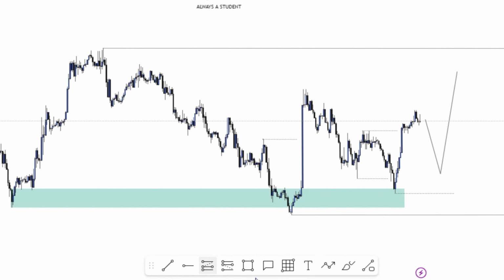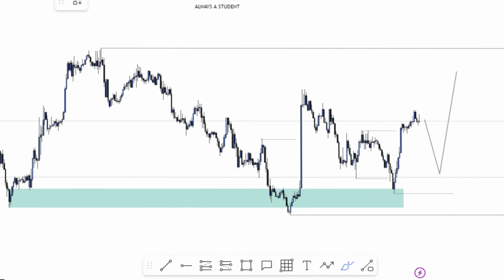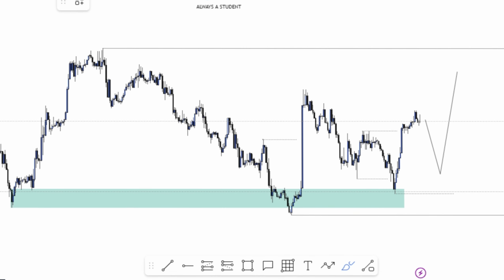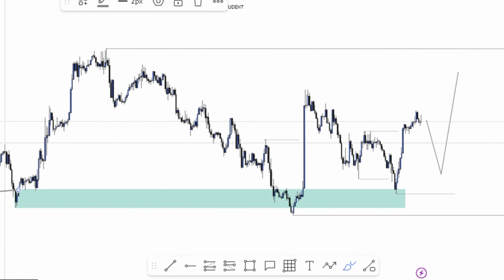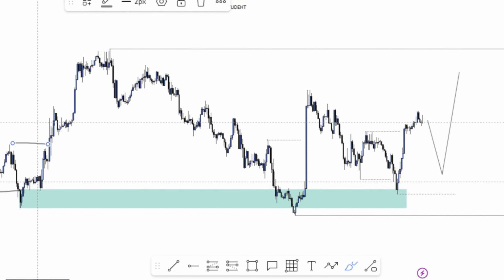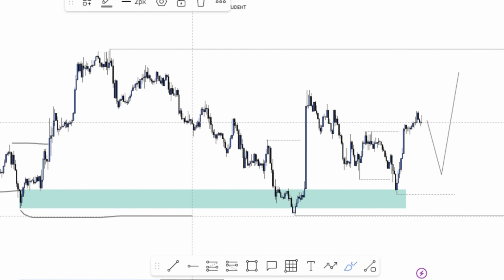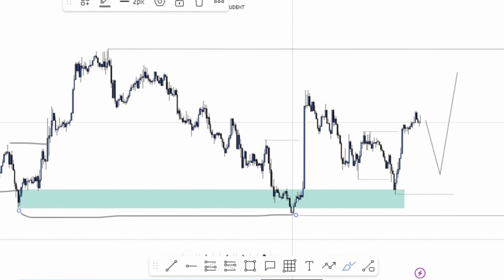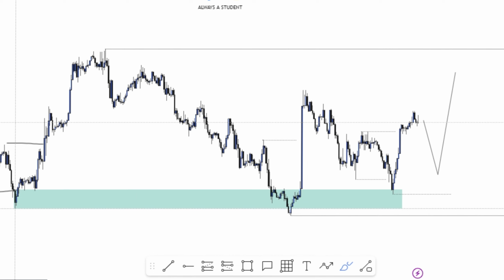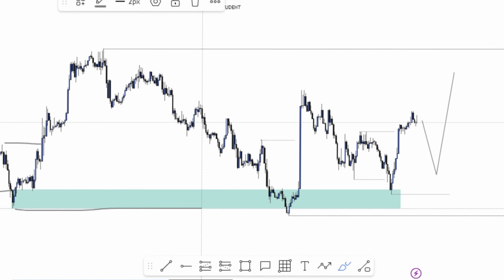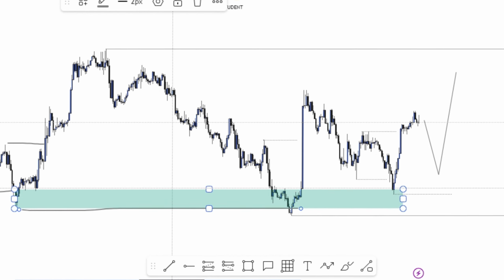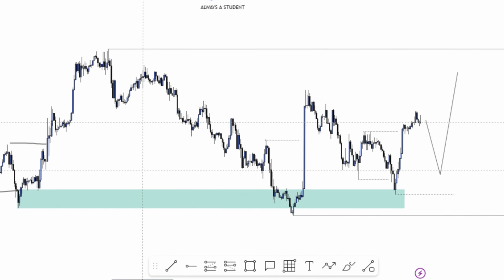You could see that there was a sweep here, there was a sweep here. Price took out these lows and then this buys. But since there was no structural liquidity around here, market came as low as this, taking out this low, taking out the low that was presumed to be protected.